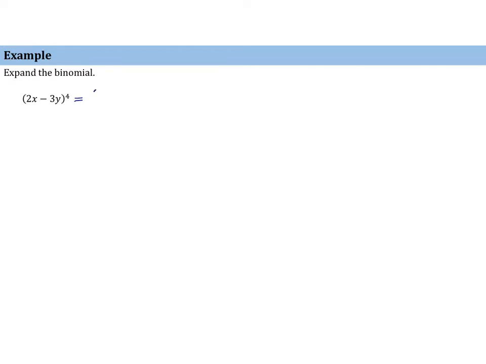So let's write this as 2x plus negative 3y, and that will be raised to the fourth power.